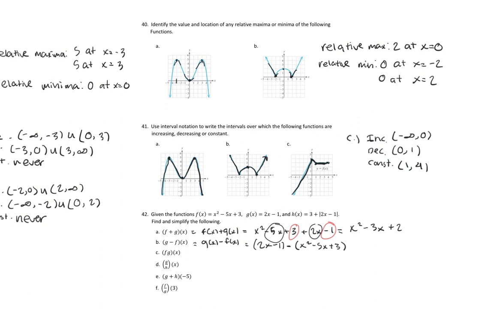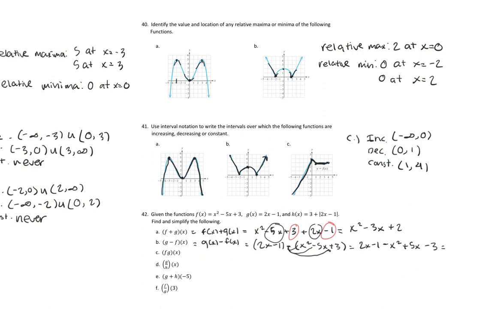That whole thing is going to be applied there. And so then we can distribute this negative. We have to actually distribute this negative to all three terms. So to the x squared, to the negative 5x, and to the 3. So then that's going to simplify to 2x minus 1 minus x squared plus 5x minus 3.